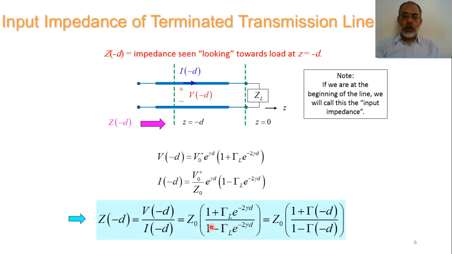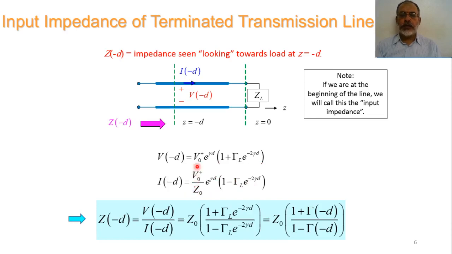Now, by dividing the voltage at distance z equal minus d over the current at the same distance, we can obtain the input impedance at z equal minus d. So the input impedance z at minus d would be the voltage over the current at this point, this function over this function.